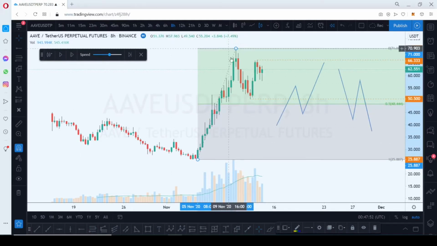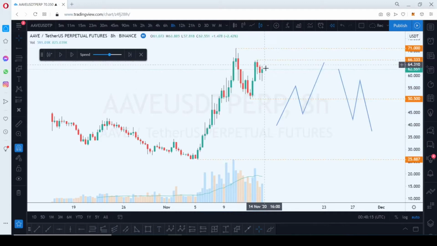So personally, I believe the high is not in, unless this wave comes down and touches the 50% range before continuing back up. It can also go lower than the 50% range because this is the low to break for this market structure to go bearish. So let's see what happens in the next range of candles.